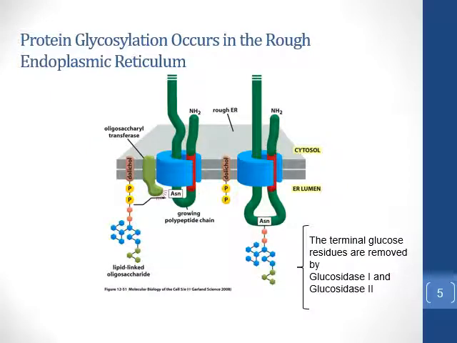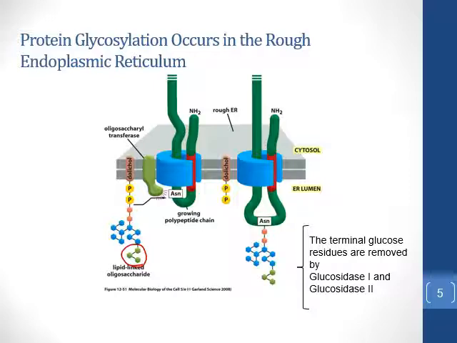Now, remember I told you in lecture 15 to keep an eye on these three glucoses, right? These three glucoses that are added to proteins that are moving into the lumen of the ER. We said at the time that one of their roles was to signify that that's a fully formed precursor, so that oligosaccharyl transferase will just transfer a fully formed precursor to a protein.